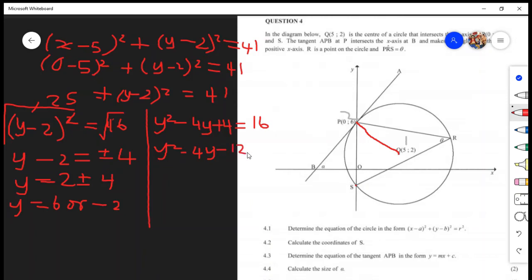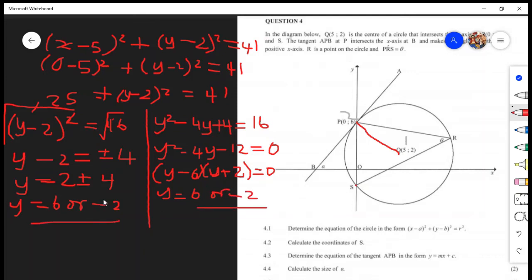Now to factorize this, so you should have y minus 6 and y plus 2 is equal to 0. From here you can have y is equal to 6 or negative 2. You see, either way you arrive at the same answer. You could have even completed squares after expanding.